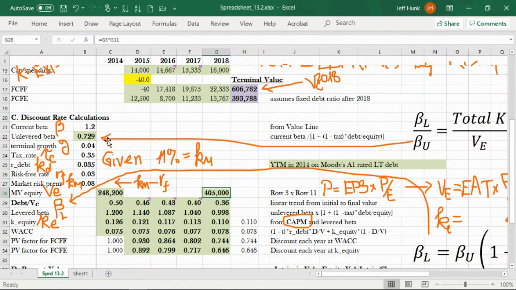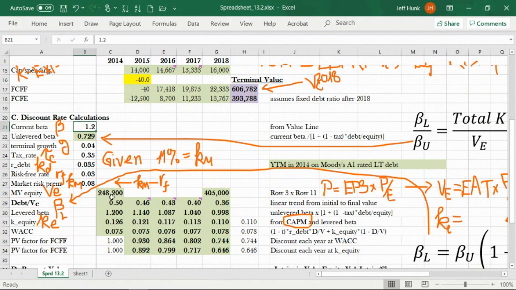Now let's think about, what is unlevered beta? Isn't that beta good enough? Well, this beta is only for this year, I mean, the most recent year.